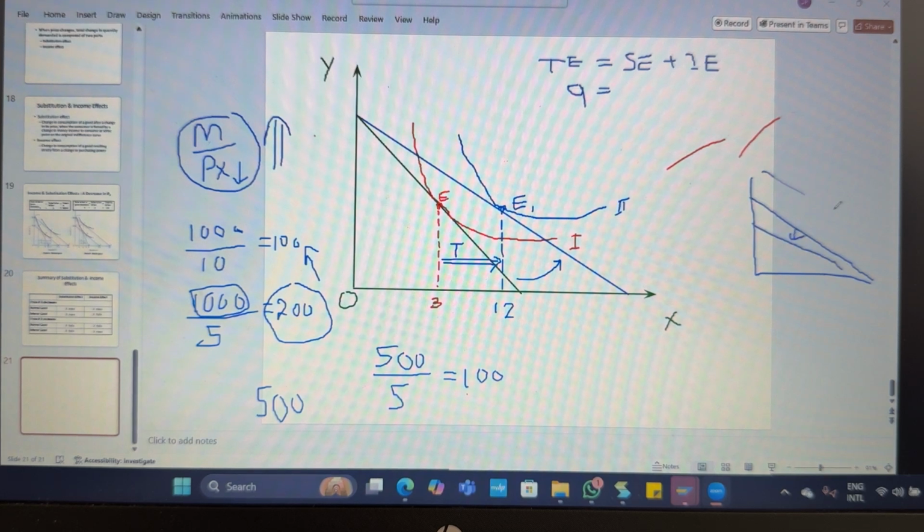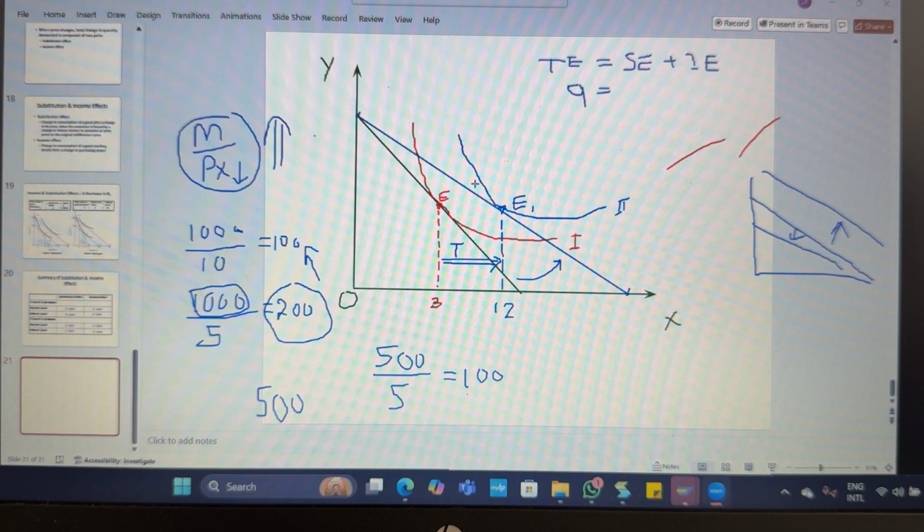If income increases, the budget line shifts parallelly to the right. Our current budget line is this blue color one. Then what I did, I took some money from you. As a result, this budget line should shift towards the origin in a parallel fashion, to the left, because I got some money from you.